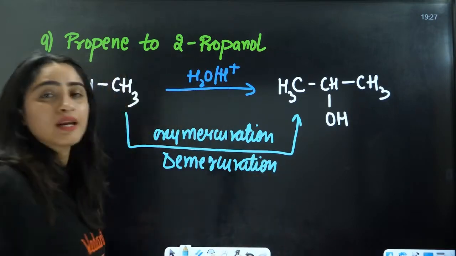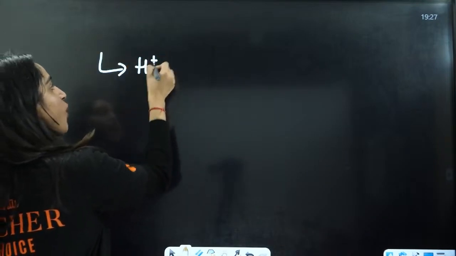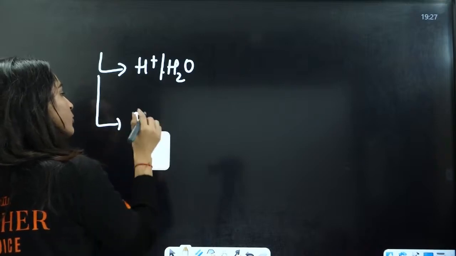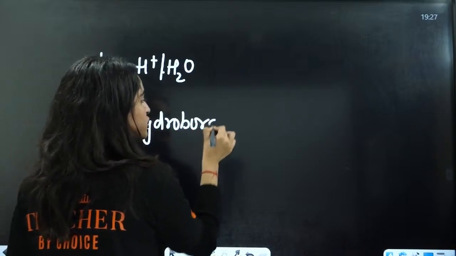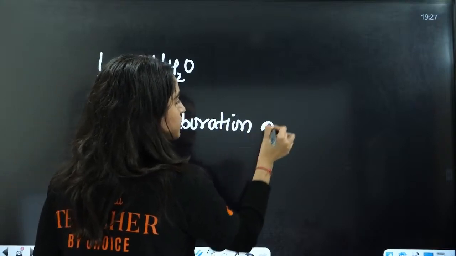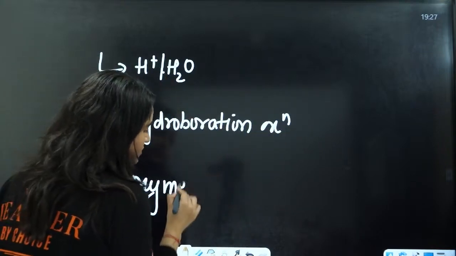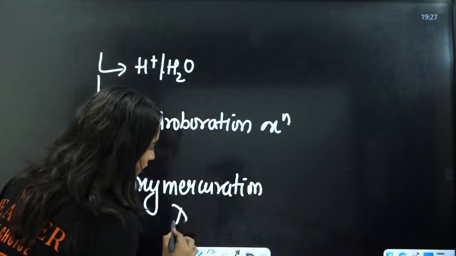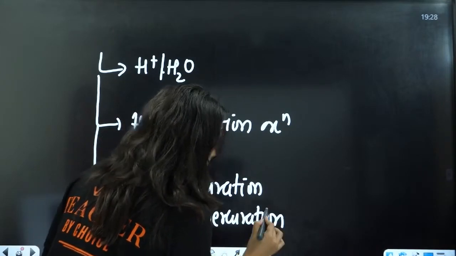Now you have 3 ways of adding OH, right? First way is by adding H positive, acid-catalyzed hydration. Second way is hydroboration oxidation. Third is oxymercuration demercuration.